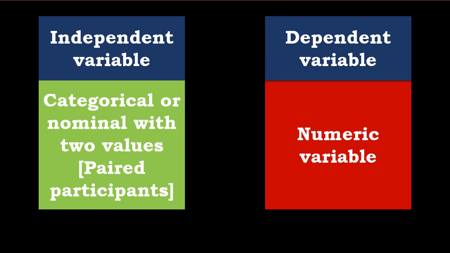So participants that had the same memory skill were considered part of a pair. Okay, so this is a case in which we can use the dependent samples or paired samples or repeated measures t-test. The dependent variable is always a numeric variable.